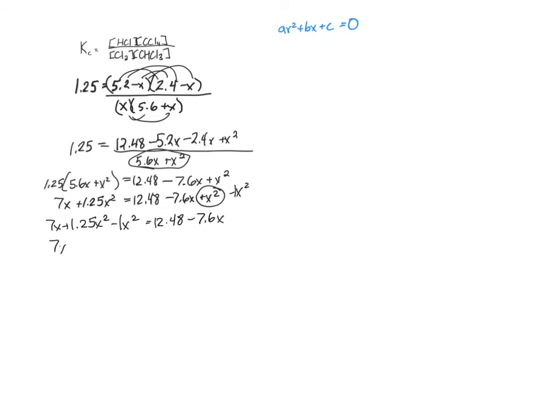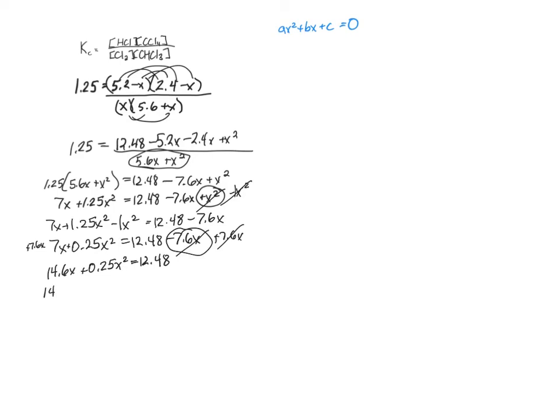This becomes 0.25 x squared is equal to 12.48 minus 7.6x. Okay, let's get rid of this by adding 7.6x to both sides. And I end up with 14.6x, and this is plus 0.25 x squared is equal to 12.48. Okay, so that got rid of that here, and that got rid of that there.